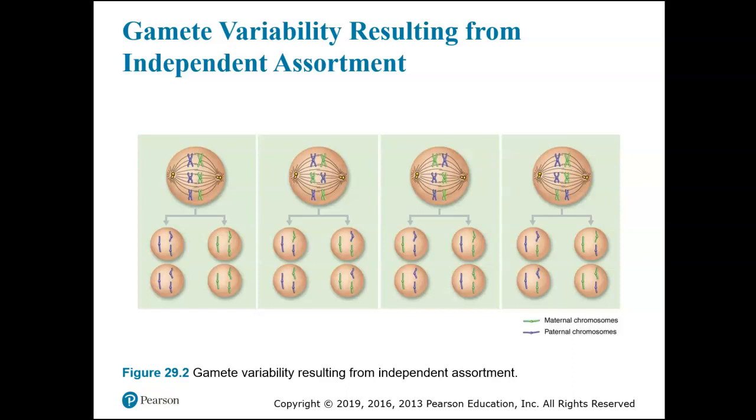What you're looking at is a stage in meiosis called metaphase 1. That is when the homologous pairs of chromosomes line up in the middle of the cell, and then eventually they separate.